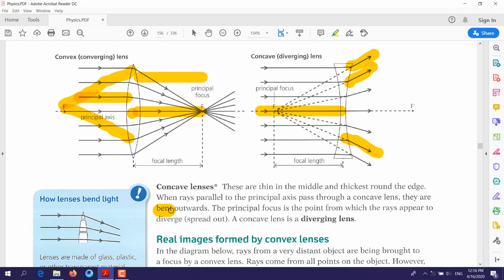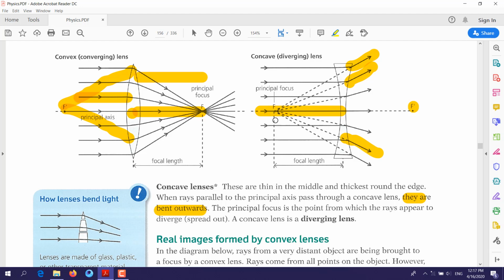The principal focus, which is this point F, is the point from which the rays appear to diverge or spread out.